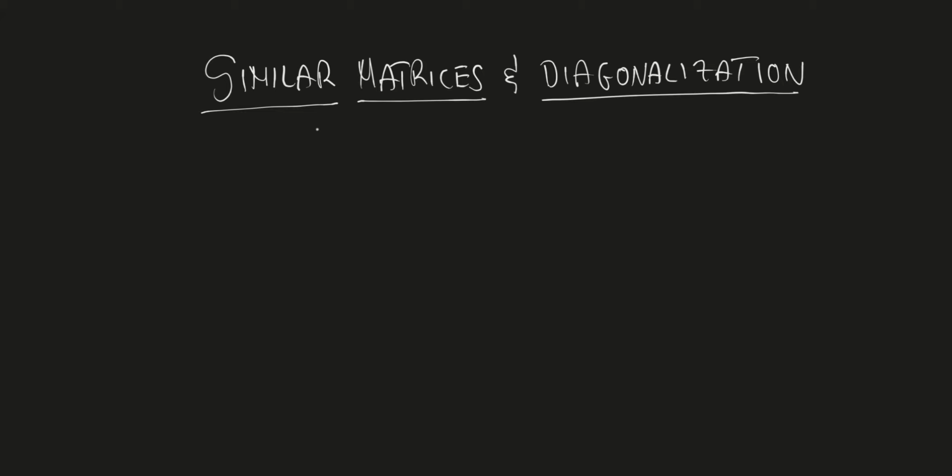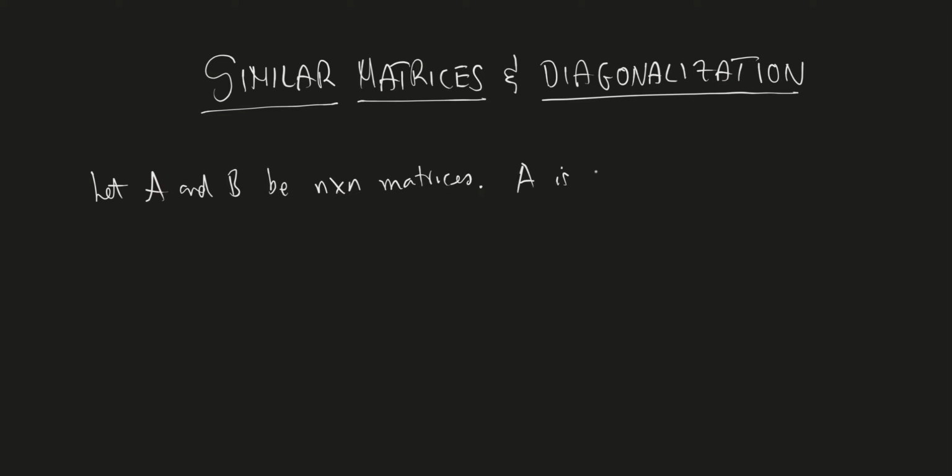So I'm going to write it down and then explain what's going on. Let A and B be, let's say, n by n matrices, so we're dealing with square matrices here.